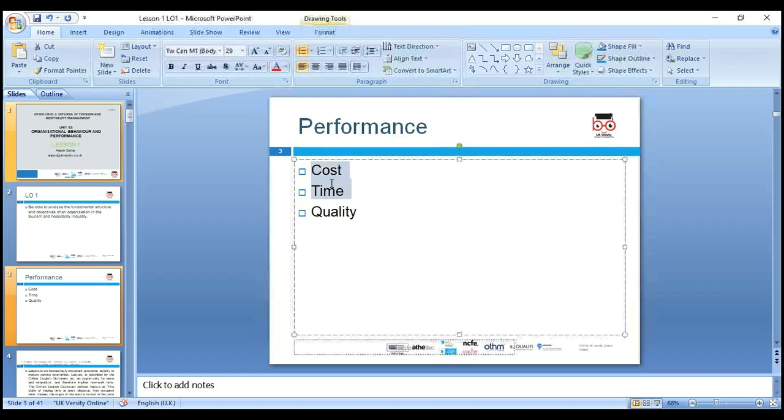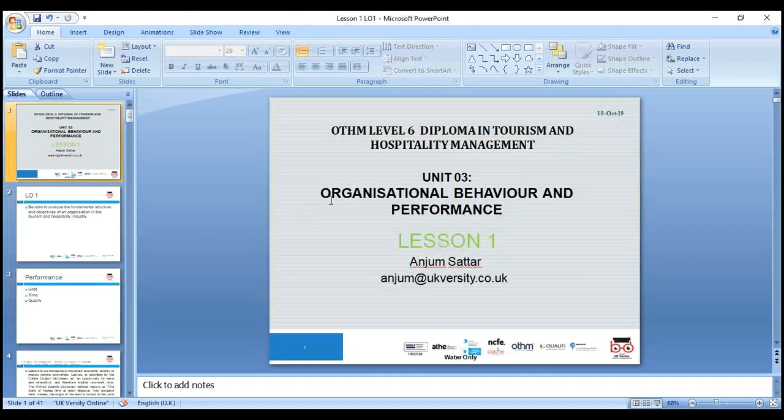So any performance we want to measure, we are always looking at it in terms of cost. We should drop the cost, we provide the services on time, and we improve the quality. Quality means customer satisfaction, especially in hospitality, the quality of service. So we need to make sure we do performance.